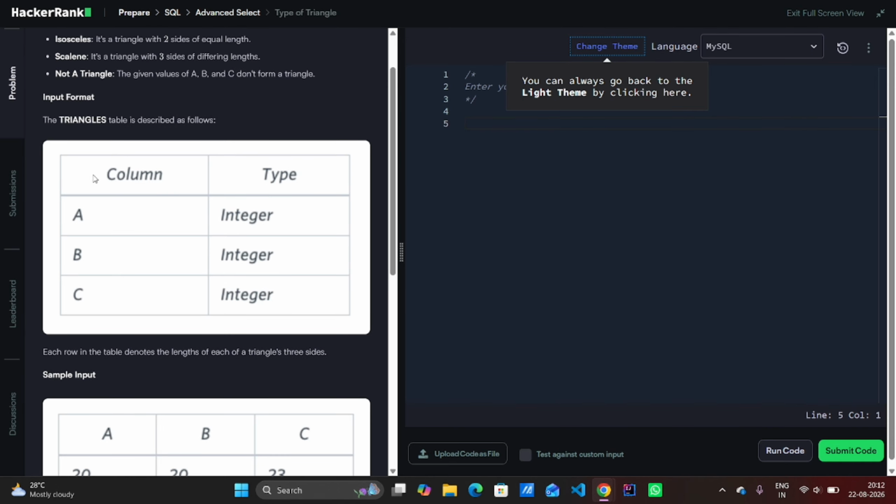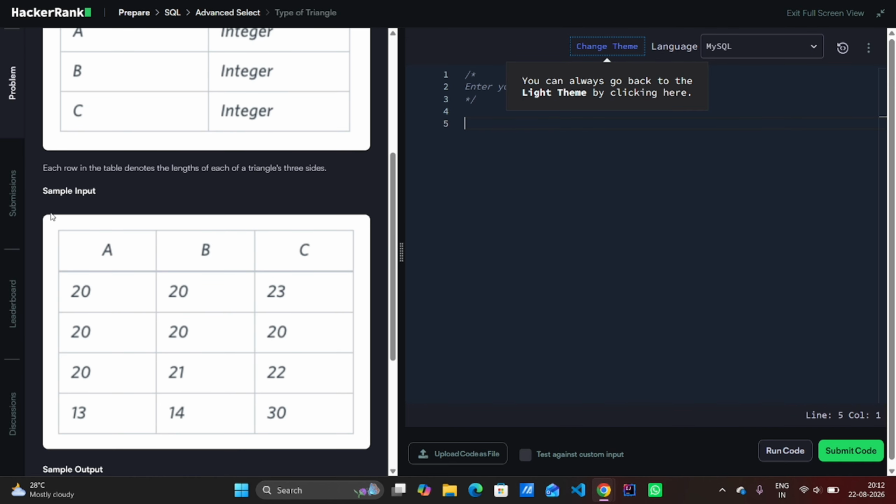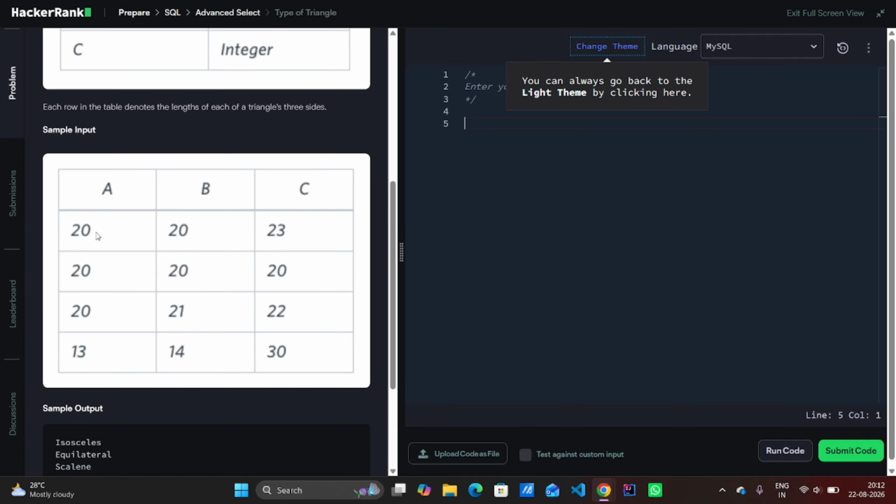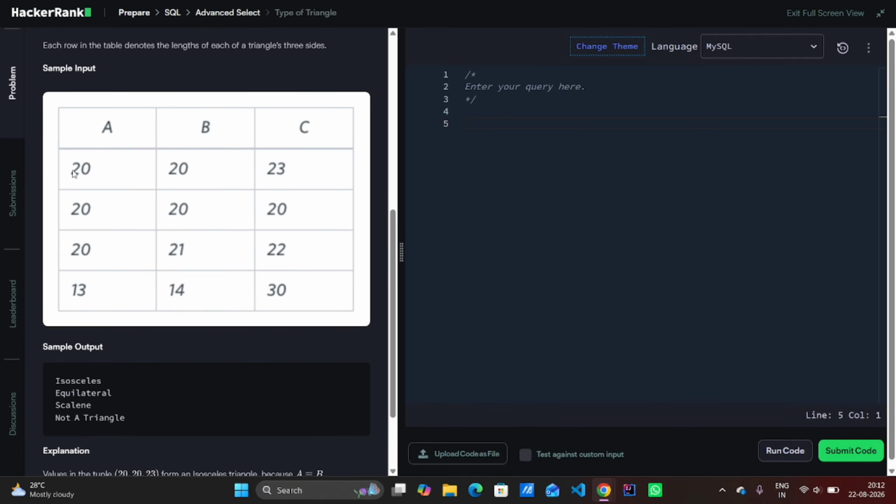So this is the triangles table with columns A, B, C, and this is the sample input. This is the first side, this is the second side, this is the third side.